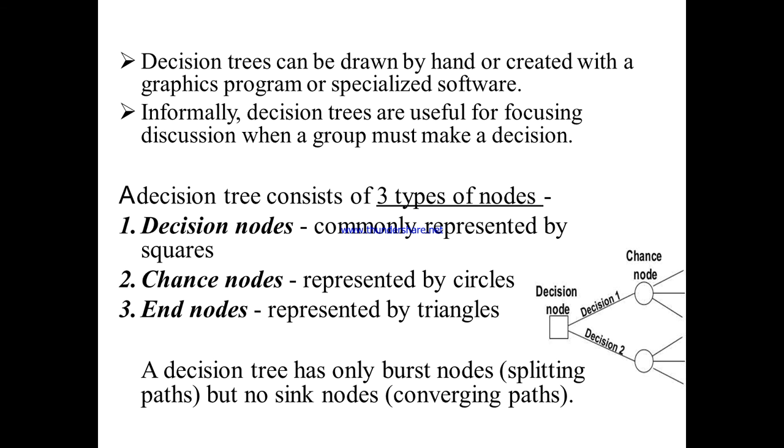A decision tree consists of three types of nodes. One is the decision nodes, commonly represented by a square.